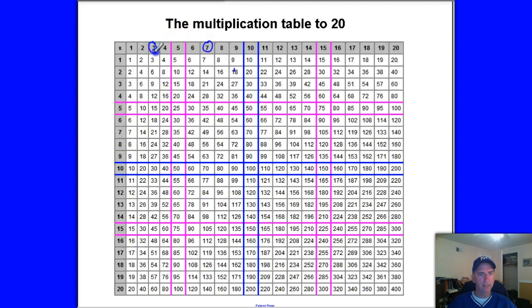In class I told you to take your finger and slide it down both columns until you find a match. You've got 7, 14, 21, 28. Let's take a look down this one: 3, 6, 9, 12, 18, 21. Looks like 21. 21 looks like it's the first number in common. So that's my least common multiple, 21, or least common denominator.